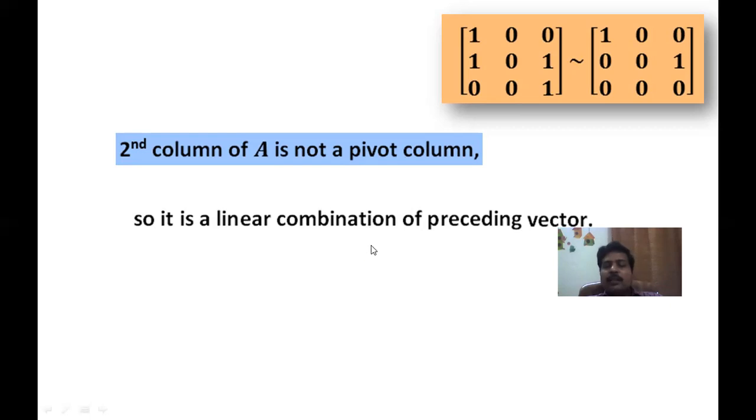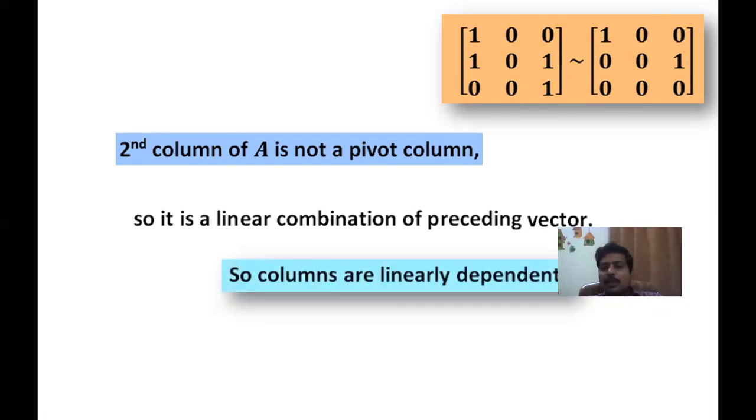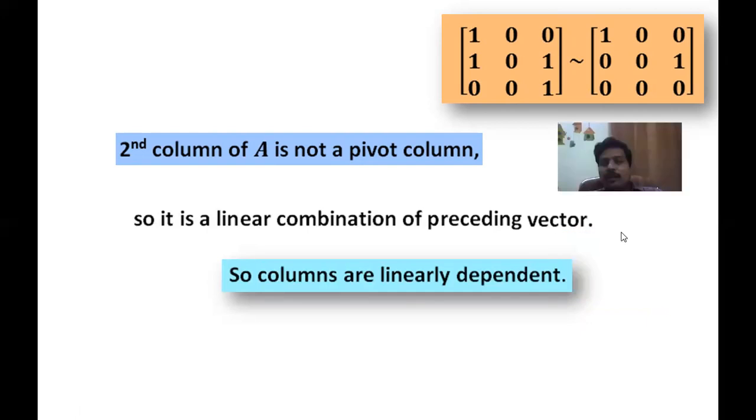So it is a linear combination of the preceding vector, or you can use these two to get this one. So it is a linear combination of vectors. So the columns are linearly dependent. Whenever you find a zero vector in a set, that set must be linearly dependent.